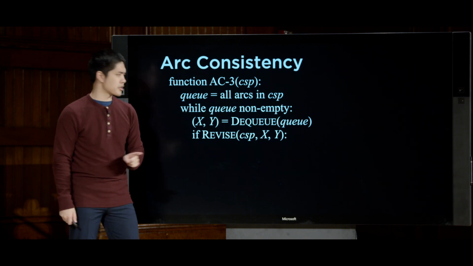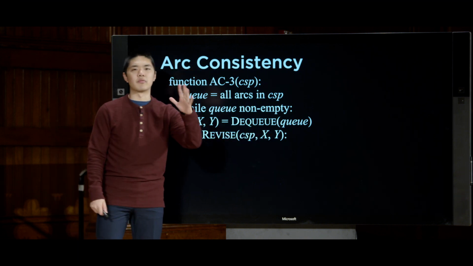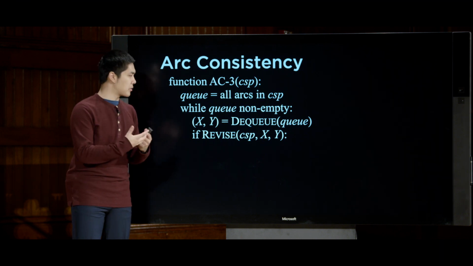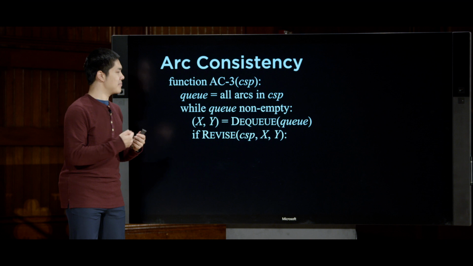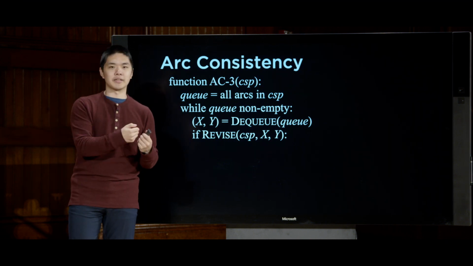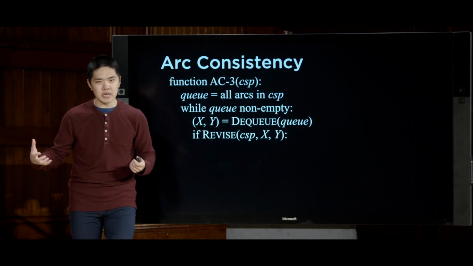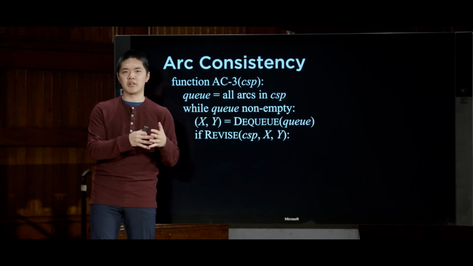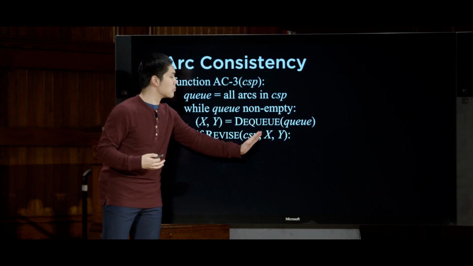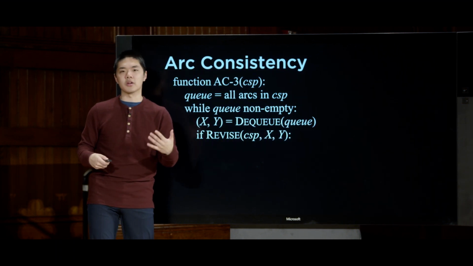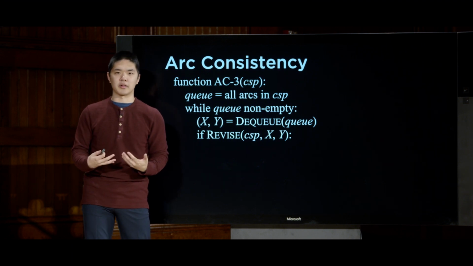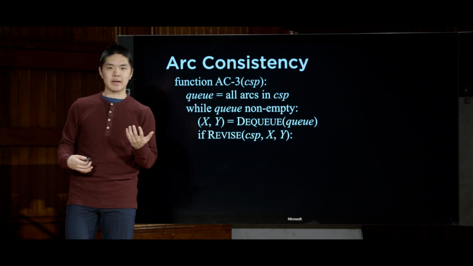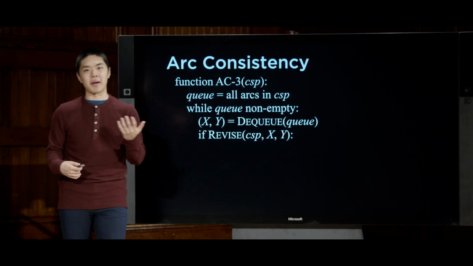But if we did make a change, if we did reduce x's domain by removing values from x's domain, well, then what we might realize is that this creates potential problems later on, that it might mean that some arc that was arc consistent with x, that node might no longer be arc consistent with x, because while there used to be an option that we could choose for x, now there might not be, because now we might have removed something from x that was necessary for some other arc to be arc consistent. And so if ever we did revise x's domain, we're going to need to add some things to the queue, some additional arcs that we might want to check.